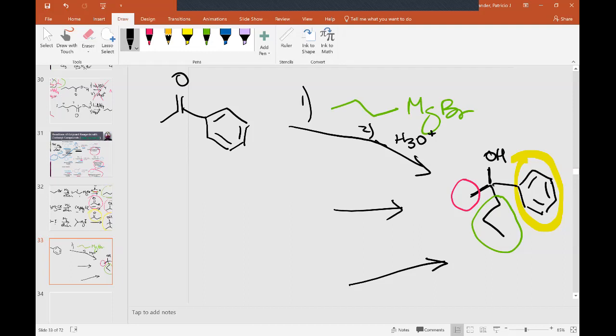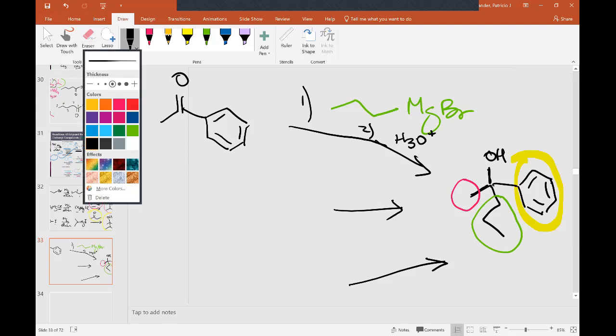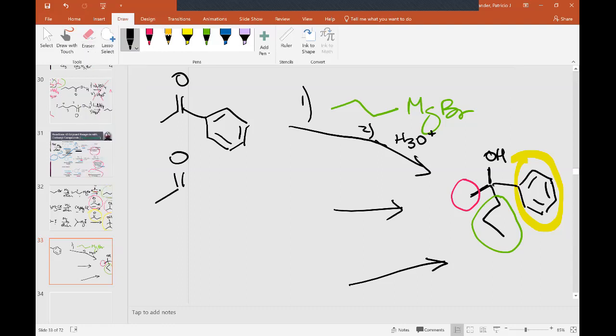Possibility number 2, I can have, from the start, the red and the green. So if I have the red and the green, that means that I'm starting with a ketone that already contains the methyl group and the propyl. So who is the newcomer?